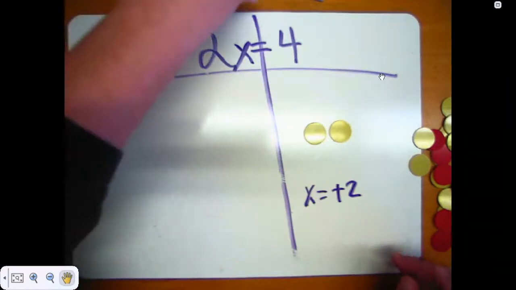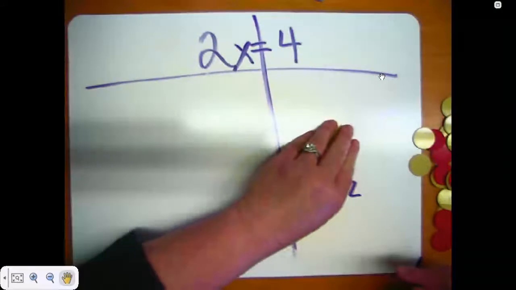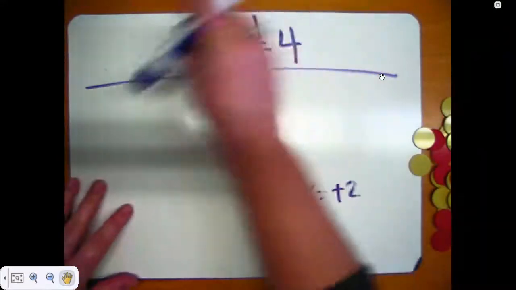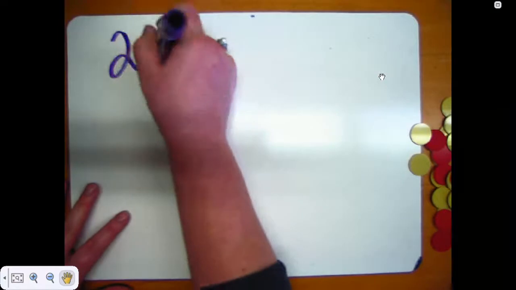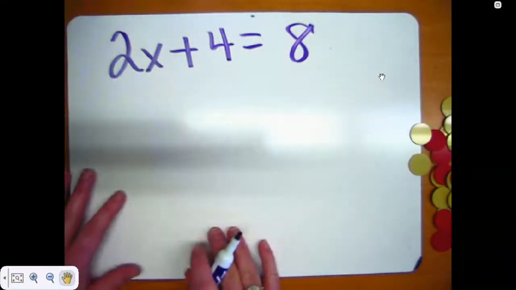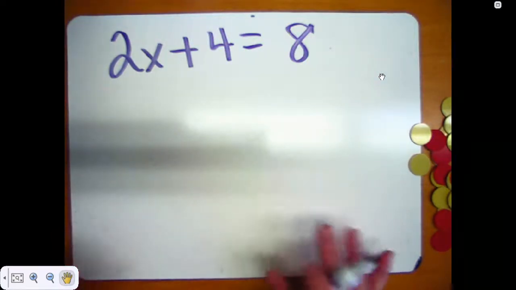So we've seen the cups, and I want you to be thinking about those cups as we do this same problem, but this time we're going to do it with numbers. So our original problem was 2x plus 4 equals 8. And if we're going to do that, we need to be able to visualize that model.